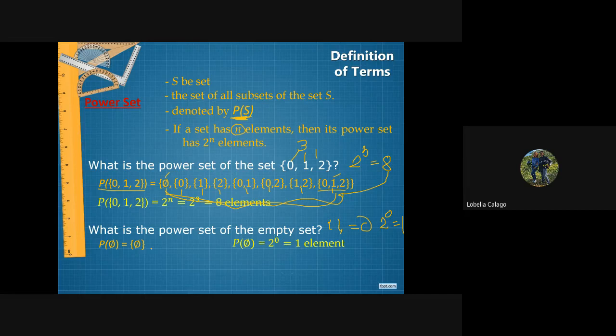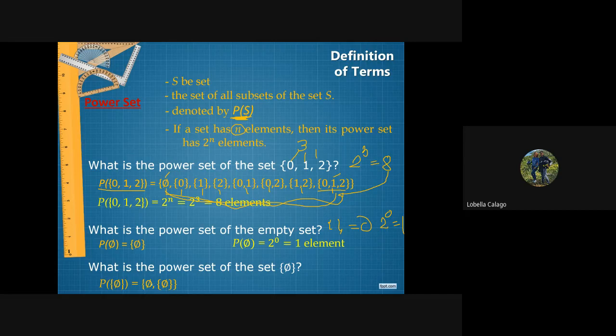Okay. How about this one? What is the power set of the set containing the null set? We have the empty set and the set containing the null set. Take note, they are different.